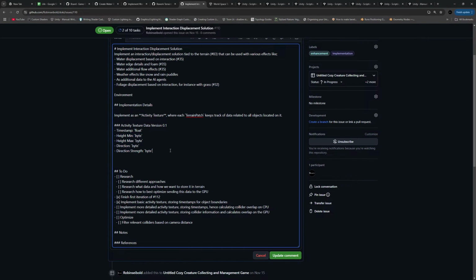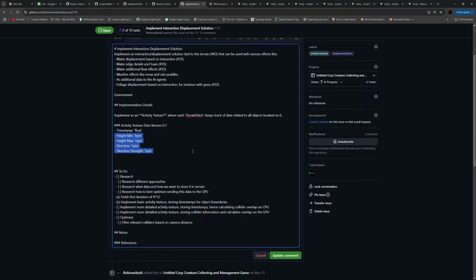So we have something that moves in a direction with a strength, and it moves in this height span from min to max. And then we reset this one between each. Could we get some cool data from that?